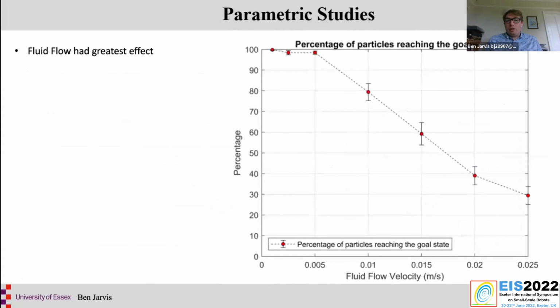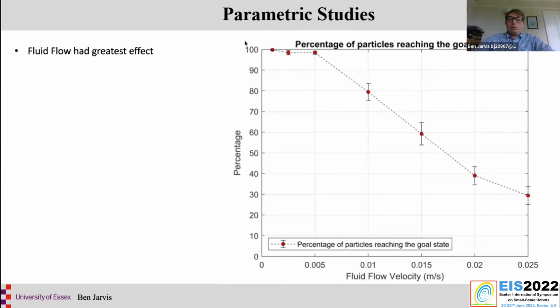Of a few different parameters that we investigated, the fluid flow velocity, so the flow experienced by the particles within the channels, changing that had a very big effect on the number of particles that a user could get from the initial inlet through to a chosen outlet, avoiding the non-chosen outlets.